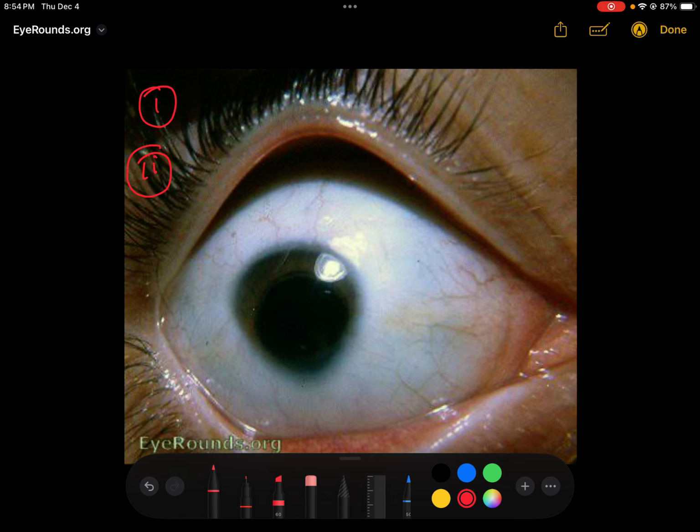Number 3, microcornea, where the size of the cornea is less than the normal size. Then shallow anterior chamber, and all glaucoma except glaucoma secondary to iridocyclitis. It is also used in iridocyclitis.